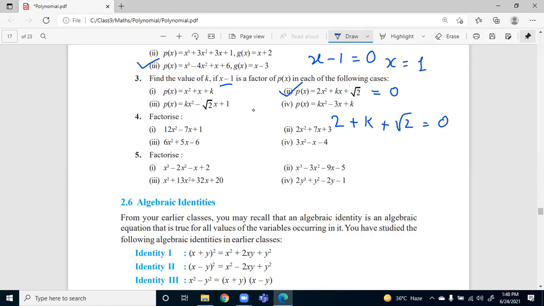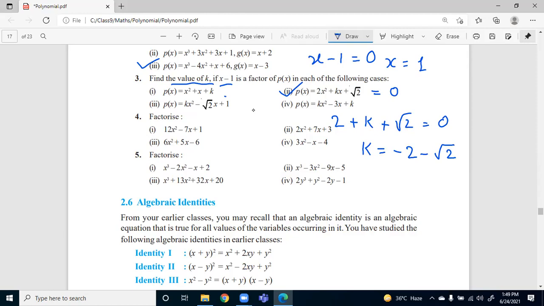To find the value of k, put all the constant terms on the right hand side. So 2 is plus here; on the other side, it will be minus 2. Here it is plus root 2; on the other side, it will be minus root 2. So this is how you need to attempt this question.